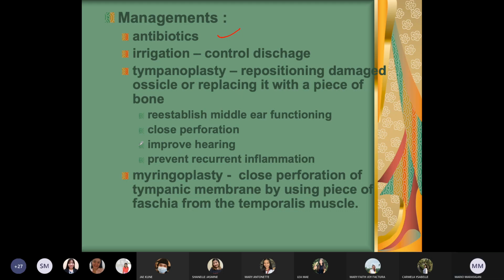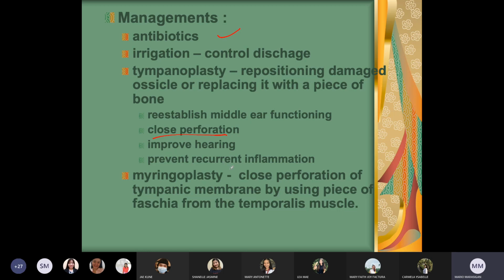So, tympanoplasty means repositioning the ossicle, replacing it with a piece of bone. So, reestablish middle ear functioning. You need to close the hole, the perforated area, improving the hearing and preventing recurrent inflammations.